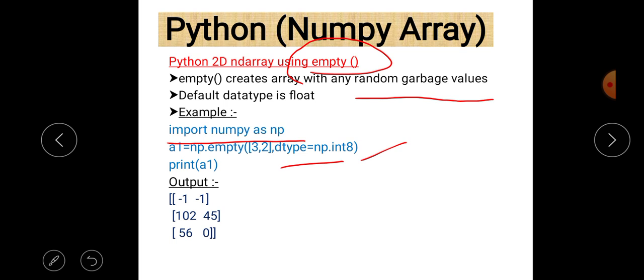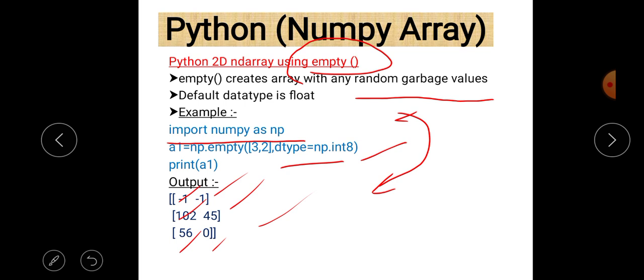It will create a two-dimensional array which contains 3 rows and 2 columns, and all values inside the array are garbage values. You can see -1, -1, 102, 45, 56 and 0. If you run this program on your computer, your answer may differ from this, because it will create random garbage values.